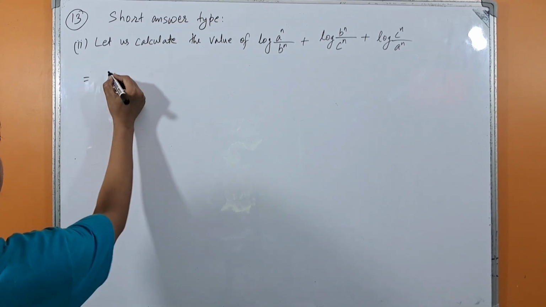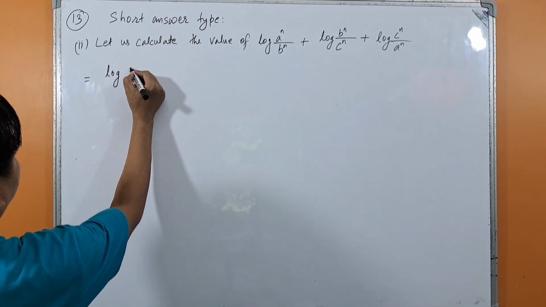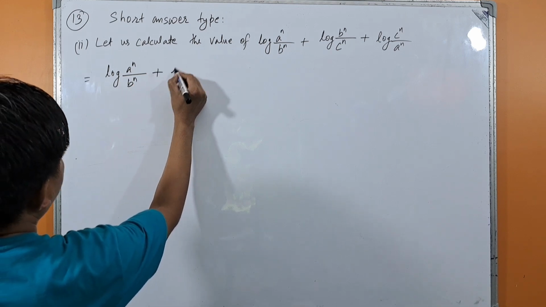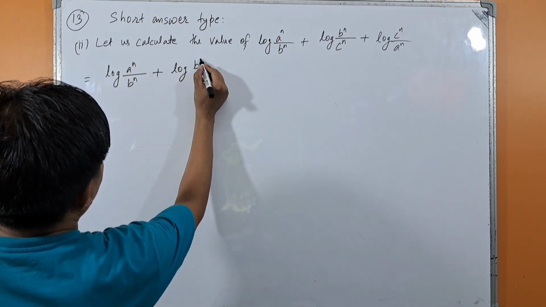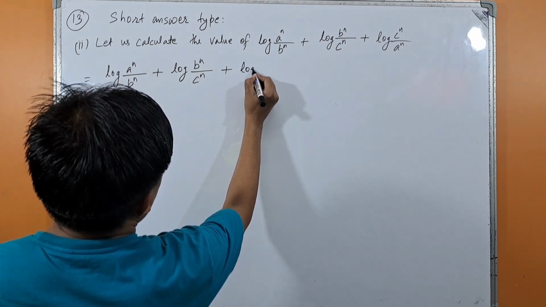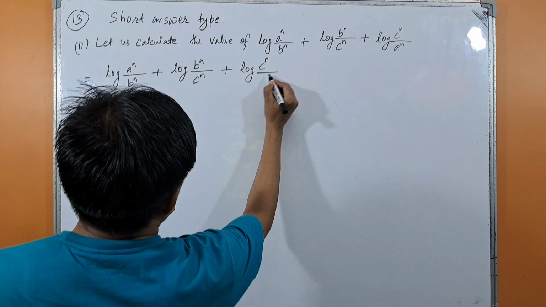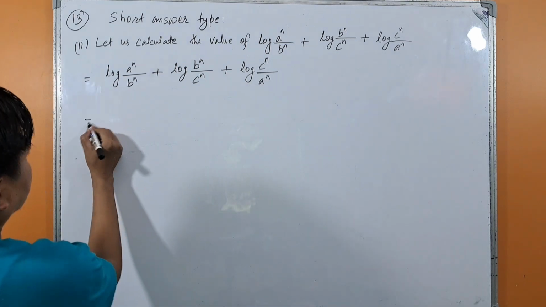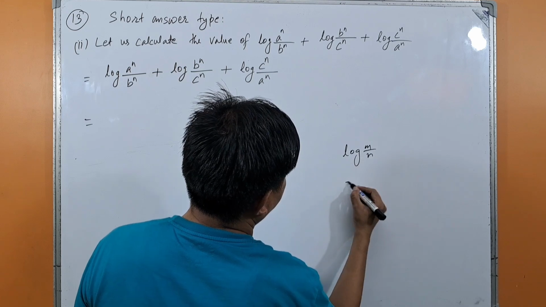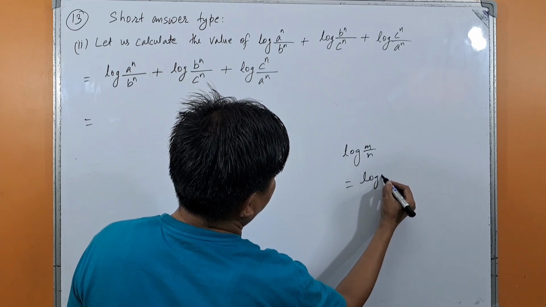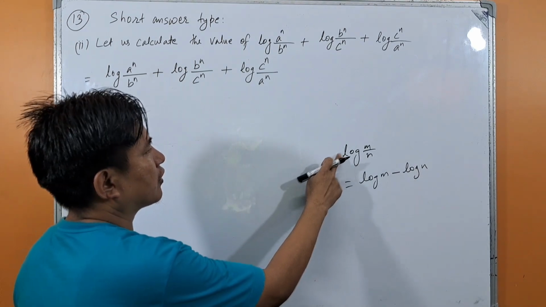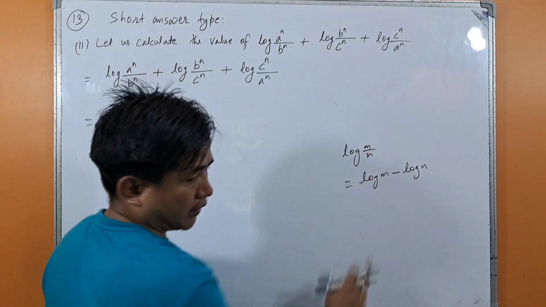If we have log m upon n, we can write this as log m minus log n, isn't it? Log m upon n is log m minus log n.